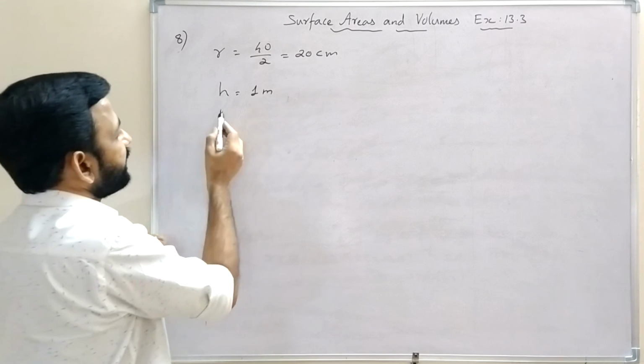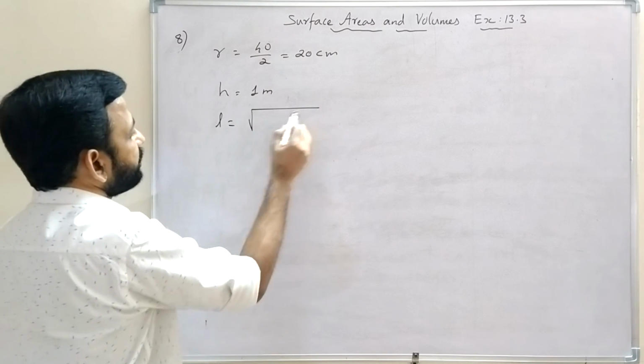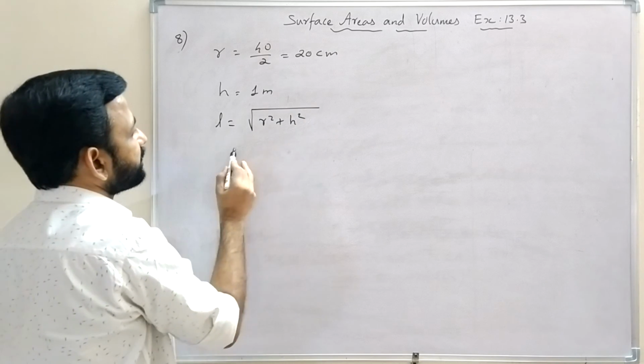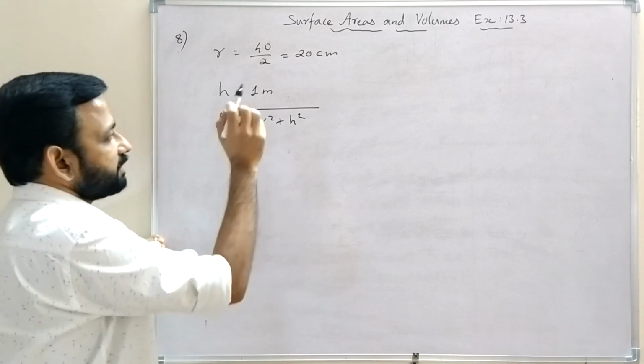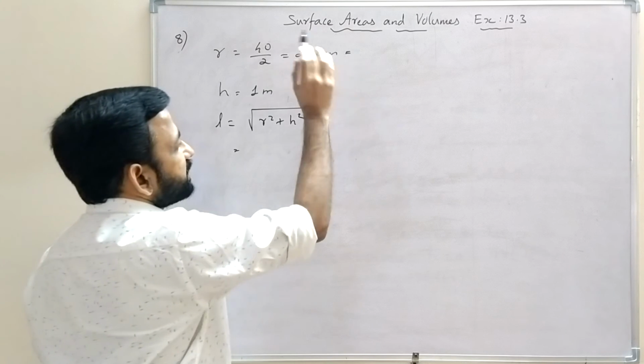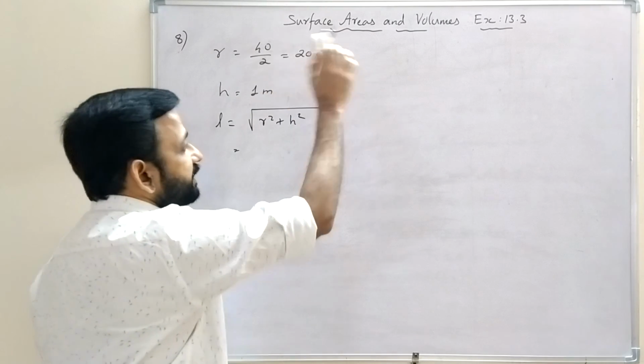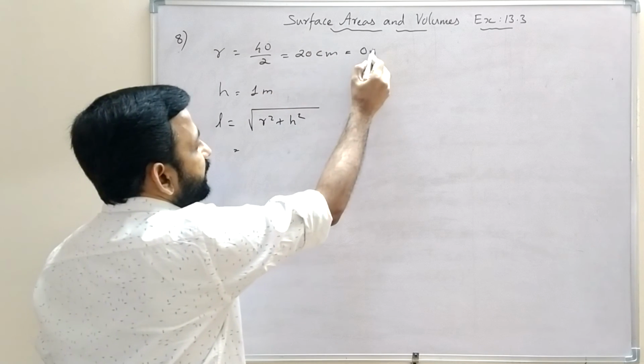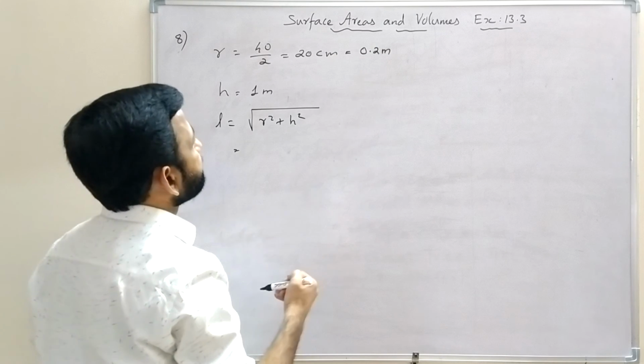So first we have to find L here. L is equal to square root of R square plus H square, and here the units are different. So 20 centimeter we can write in meter, so it will be 0.2 meter.